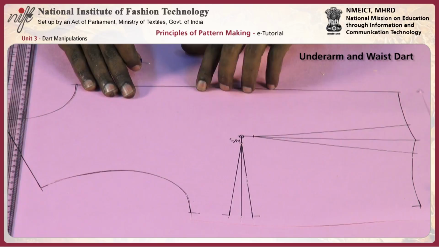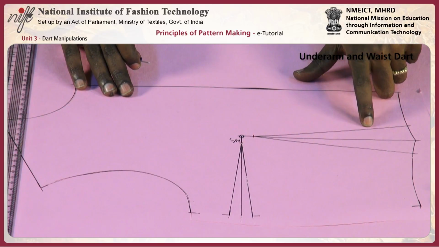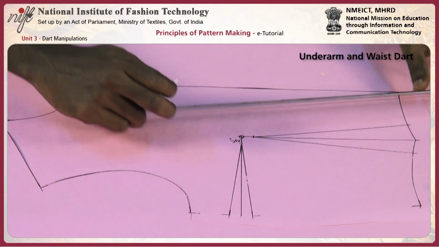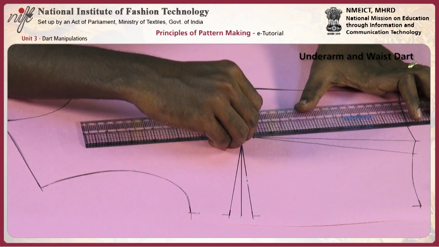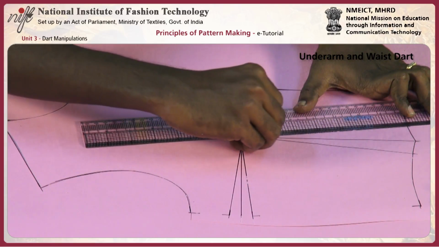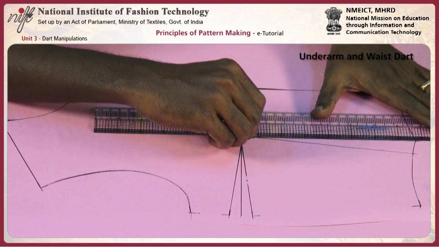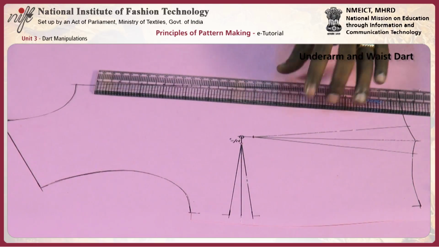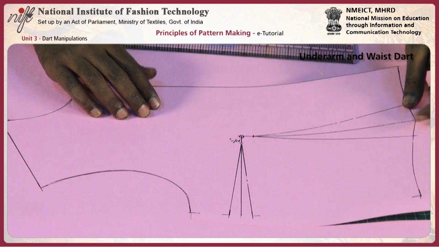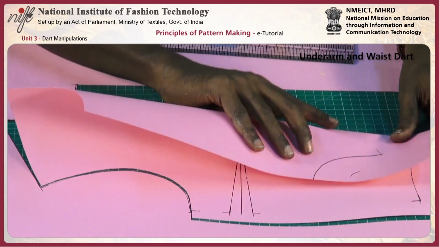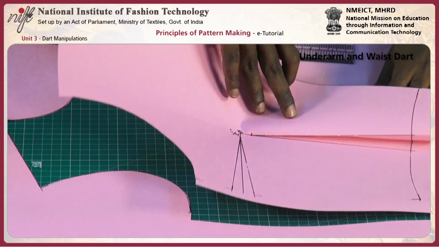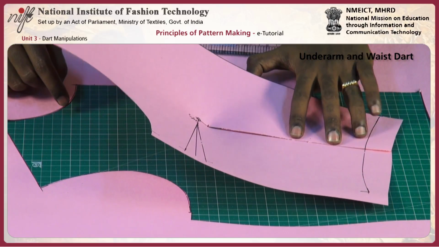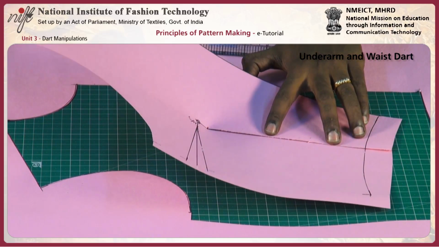If it is a vertical dart, crease the dart leg which is nearer to the center. Either it can be center front or center back. Crease the line, make the curve, then cut the line.